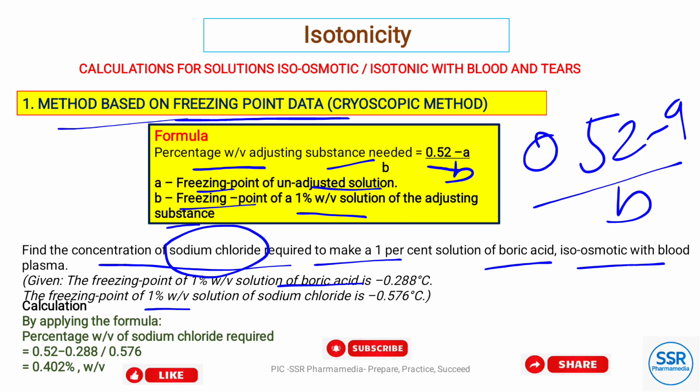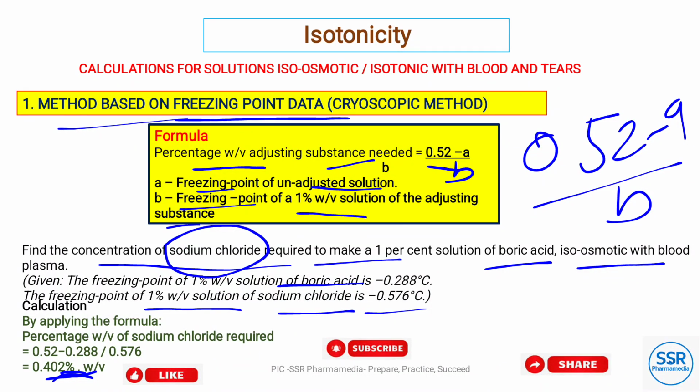At the same time, a 1% solution of sodium chloride has a freezing point depression of minus 0.576 degrees Celsius. Now we apply this formula to get how much sodium chloride should be taken to make the solution isotonic.